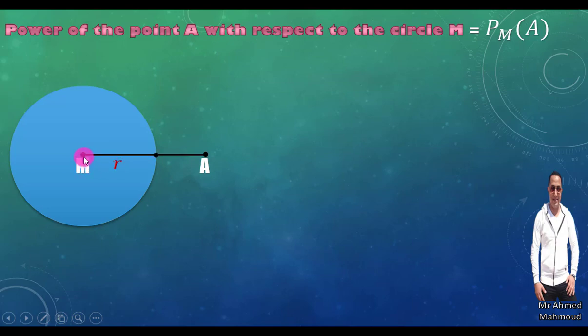And the distance between M and the circle is called R, or the radius of the circle.